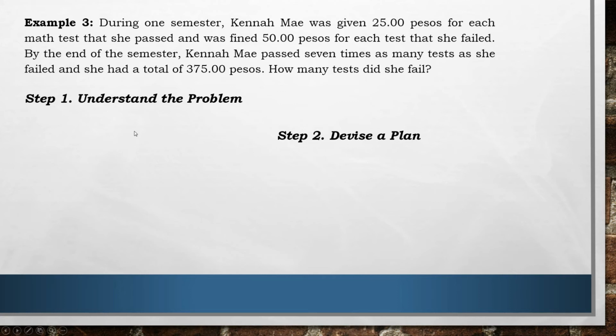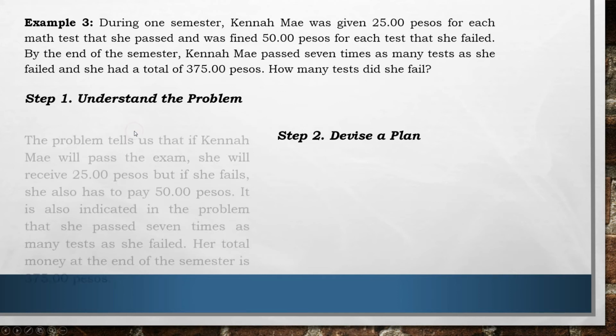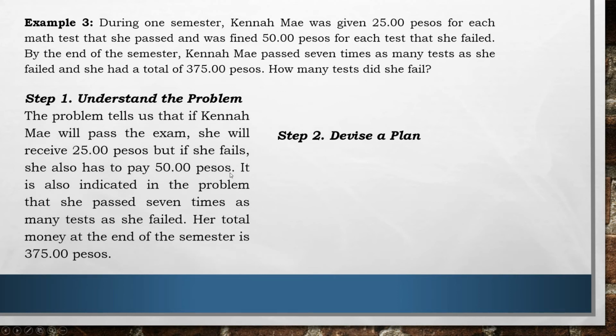So we have step 1, understand the problem. The problem tells us that if Kenna May passes the exam, she will receive 25 pesos. But if she fails, she also has to pay 50 pesos. It is also indicated in the problem that she passed 7 times as many tests as she failed. Her total money at the end of the semester is 375 pesos.